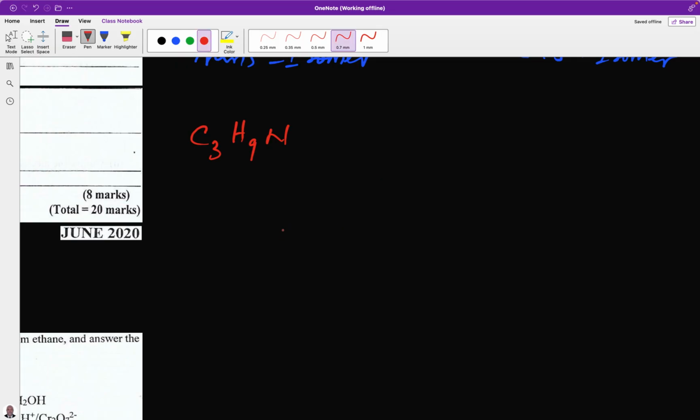So for primary, what we will have is nitrogen, hydrogen, and hydrogen. Then this one will be a propyl group. Three carbons must be here in order to fulfill this condition.